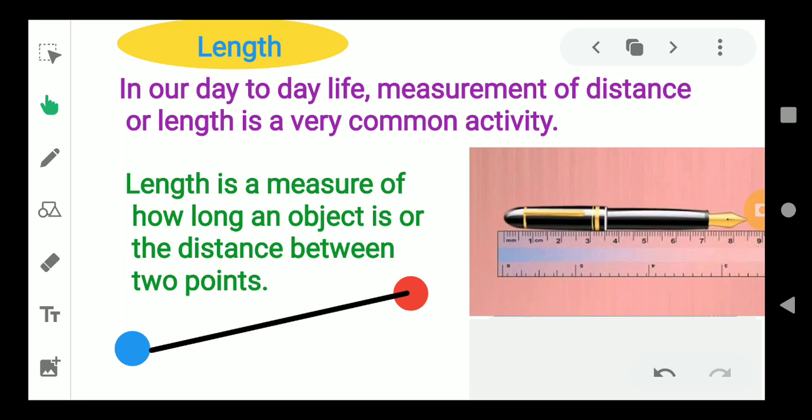So we can say both length and distance are almost the same. Length means the expansion or the total space of the object, and distance is how far one object is from the other one.